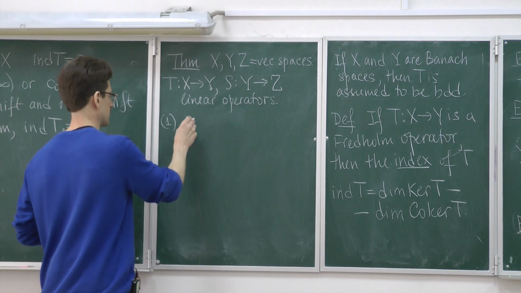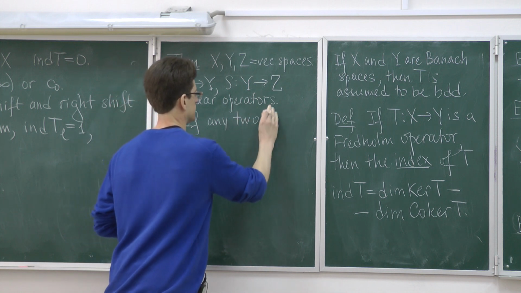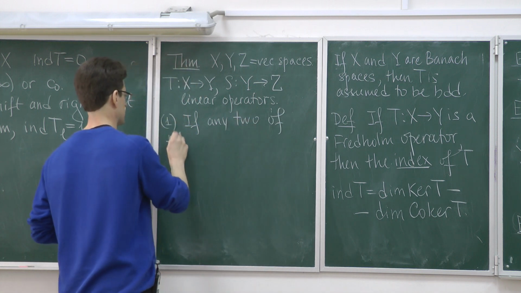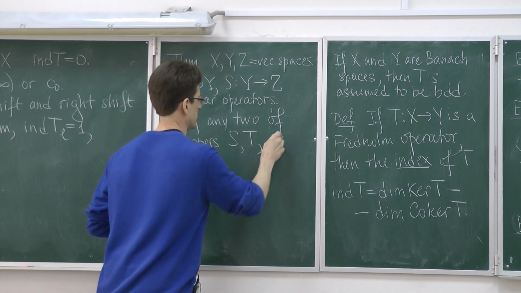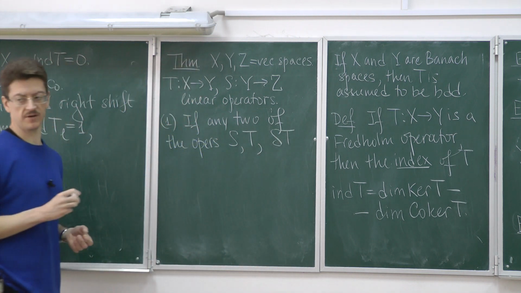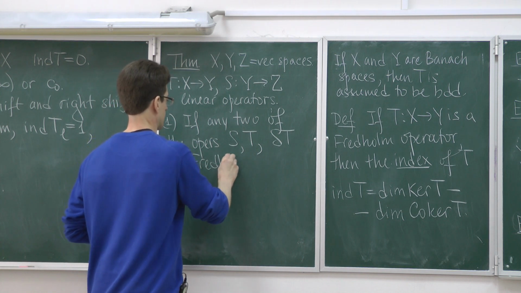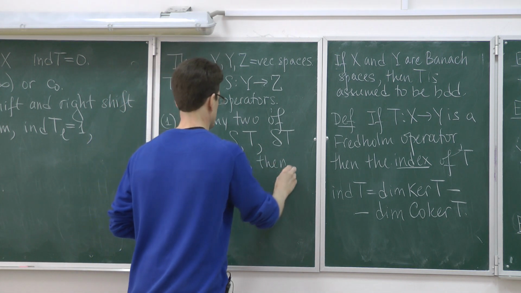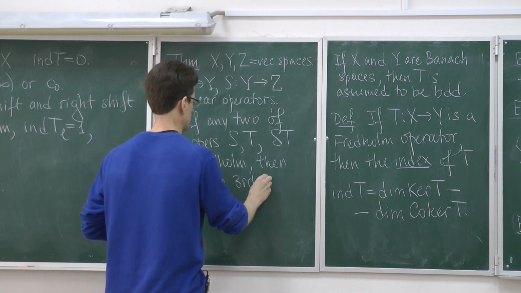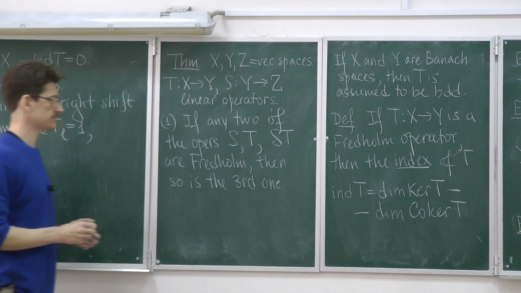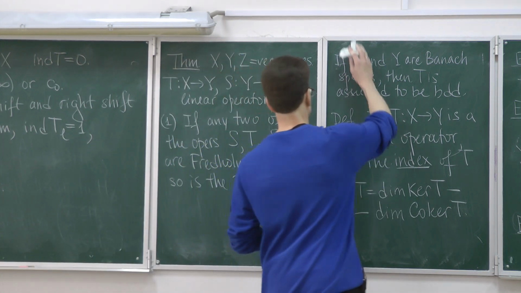First of all, if any 2 of the operators S, T, and ST are Fredholm, then so is the third one. In particular, the composition of 2 Fredholm operators is Fredholm.